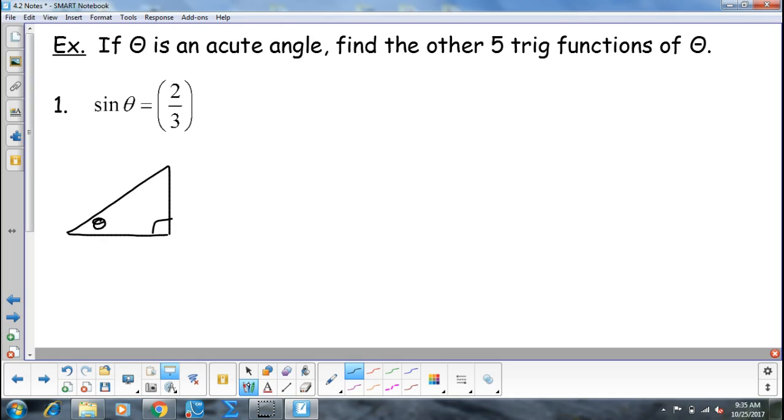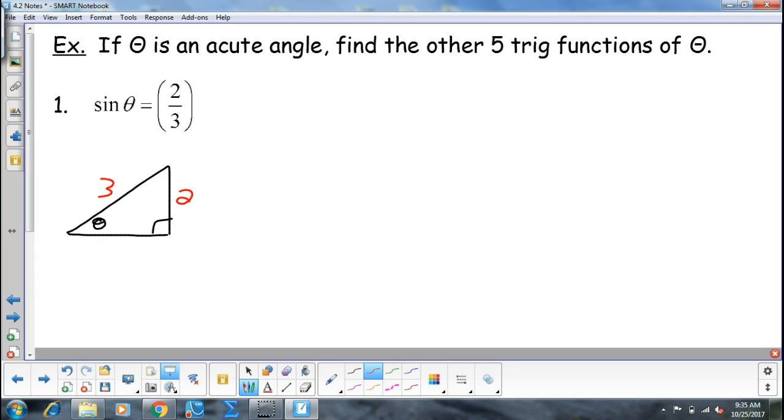Okay, sine is the opposite side over the hypotenuse, right? So what does that tell me? But I need sides for that. So this side over here is 2, and the hypotenuse is 3.